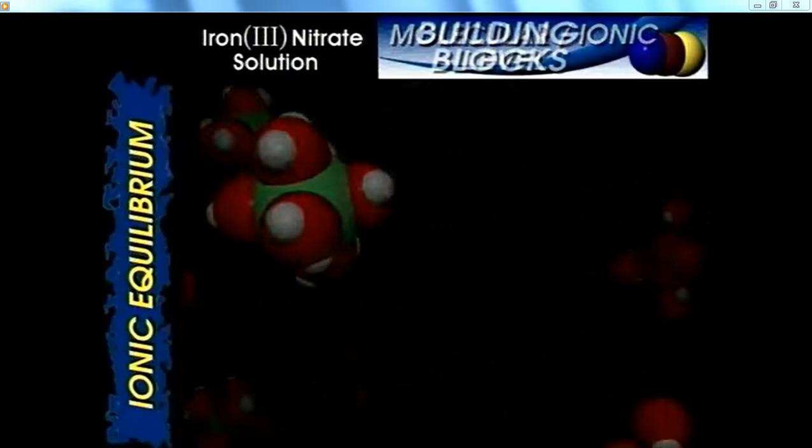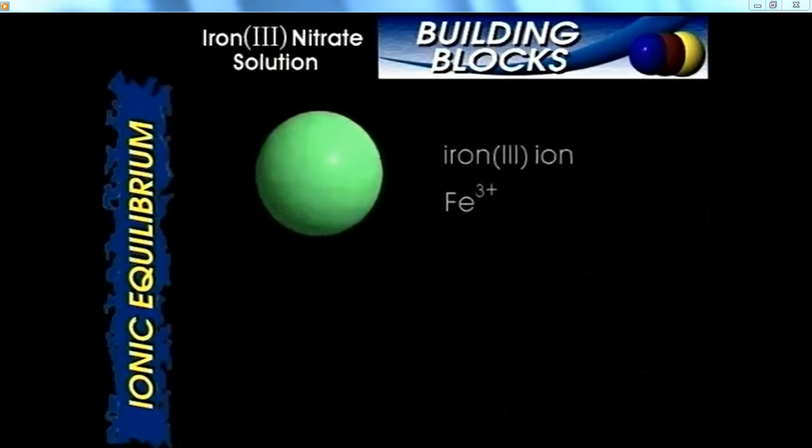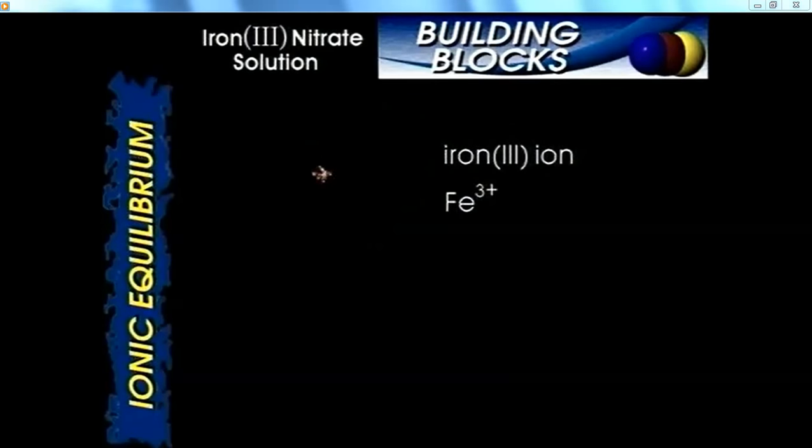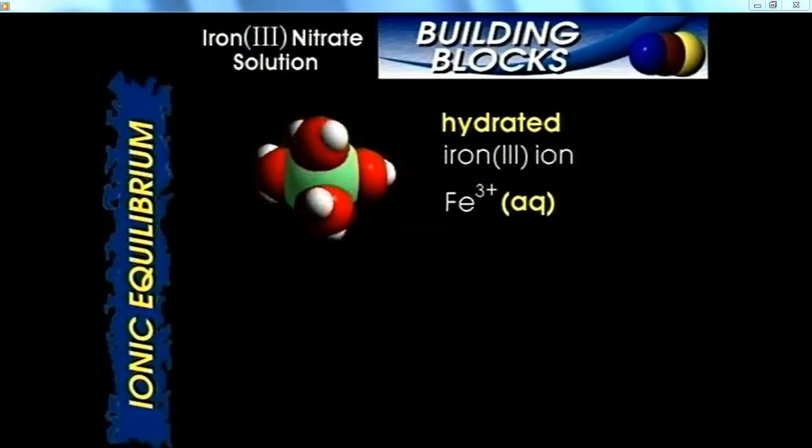In the hydrated iron 3 ion, notice how the bonding between the water molecules and iron 3 is stronger than in the other hydrated ions considered so far.